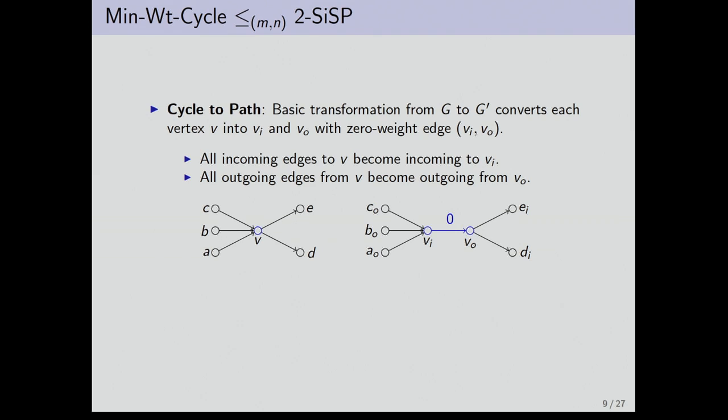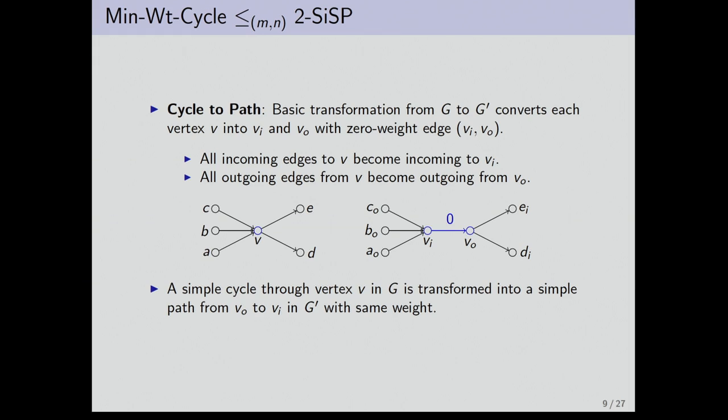We do this for every vertex, so the incoming edges' other endpoint is coming out of the O vertex for that vertex. So for C, it's from CO, and the outgoing edges go to the I vertex, E sub I. So this is the graph G prime. You can see that because we put weight 0, a simple cycle through any given vertex V in G is transformed to a simple path from VO to VI in G prime with the same weight.